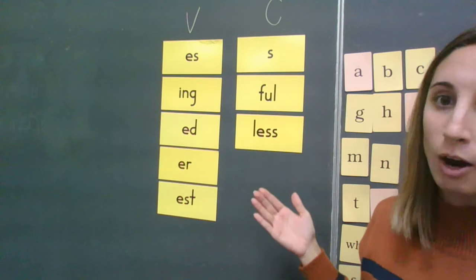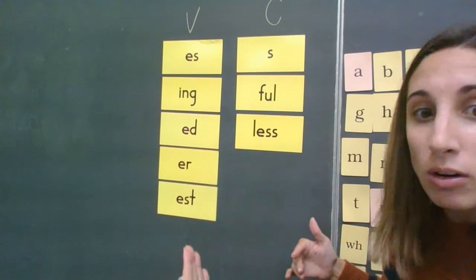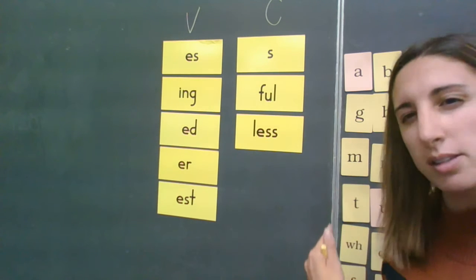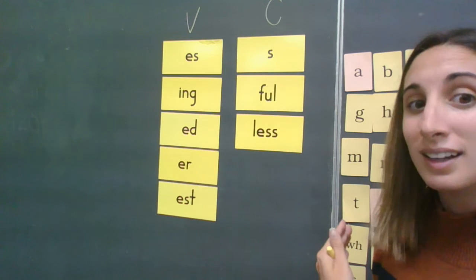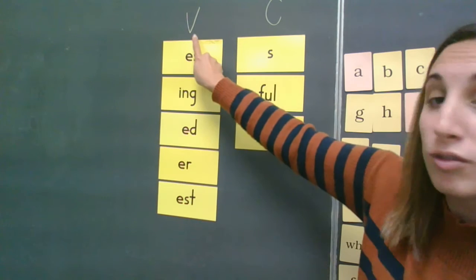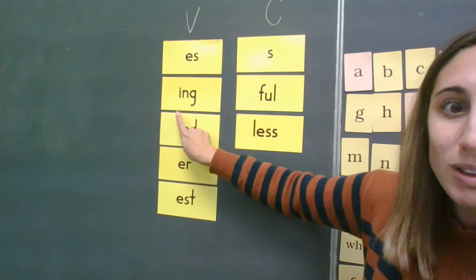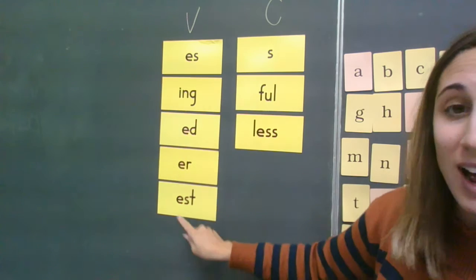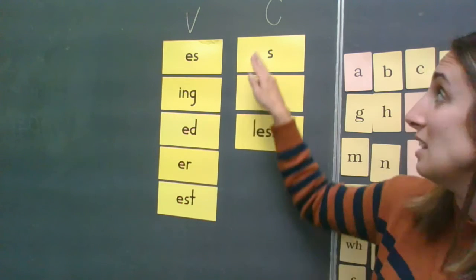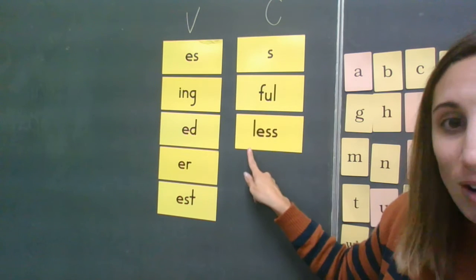Do you remember how we determine whether a suffix can be classified as a vowel suffix versus a consonant suffix? Yeah, look at all of the suffixes in this column. They're in the vowel column because each suffix starts with a vowel. Okay, whereas these suffixes in the consonant column all begin with a consonant.